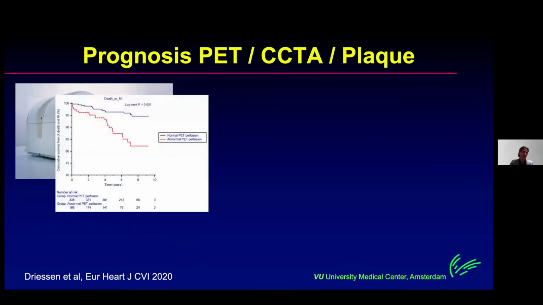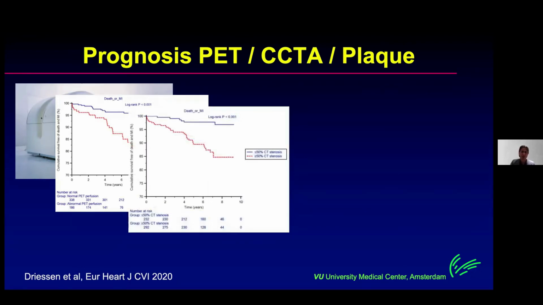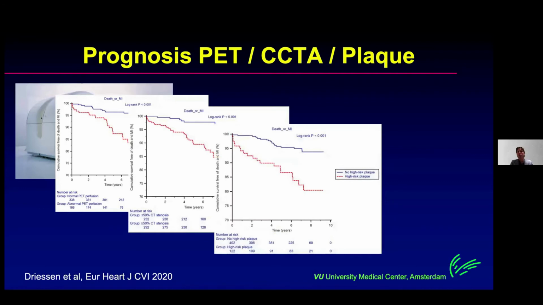And basically, pretty much in a 10-year down the line prognosis element, basic features. If you have a stenosis, you're likely to do worse. If you have ischemia, you're likely to do worse. If you have additional plaque features, you're likely to do worse.